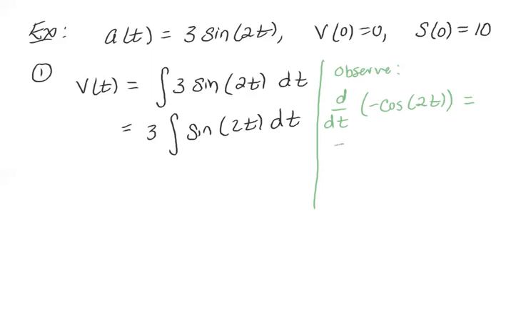The derivative of cosine is negative sine, so the derivative of negative cosine is the sine of whatever's inside. In my chain rule, I have to multiply by the derivative of 2t, which is 2. So if I go backwards, the antiderivative of sine of 2t times 2 should give me negative cosine of 2t.